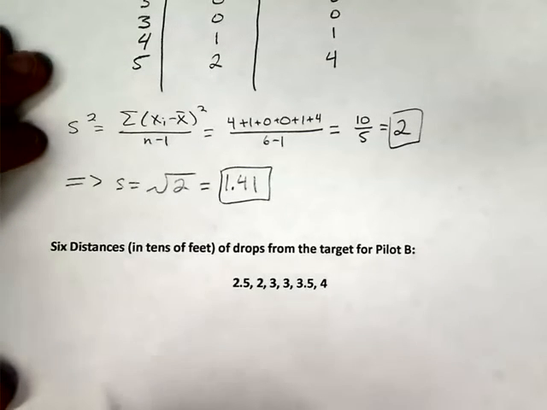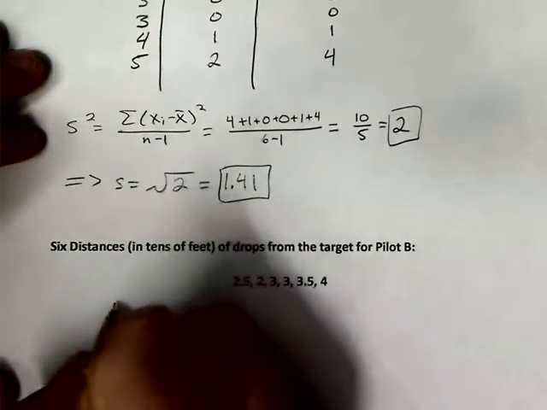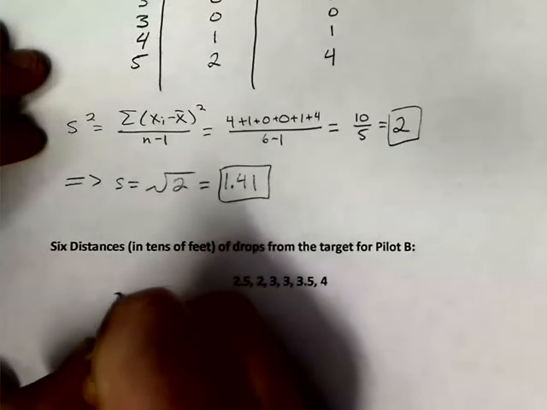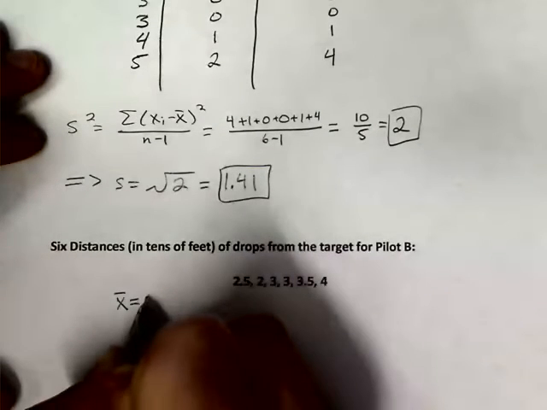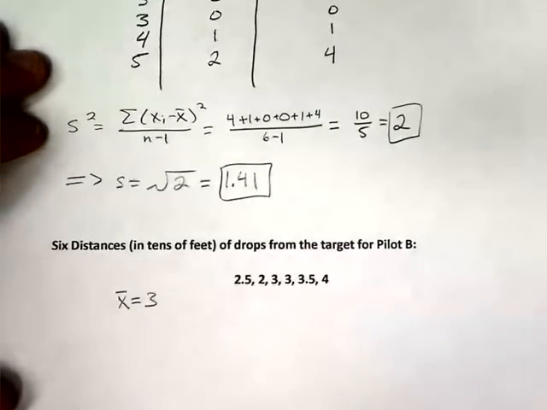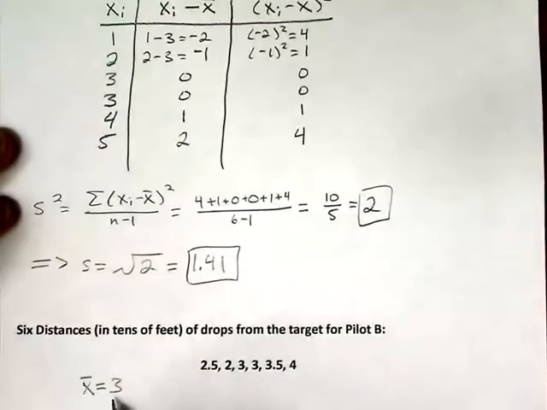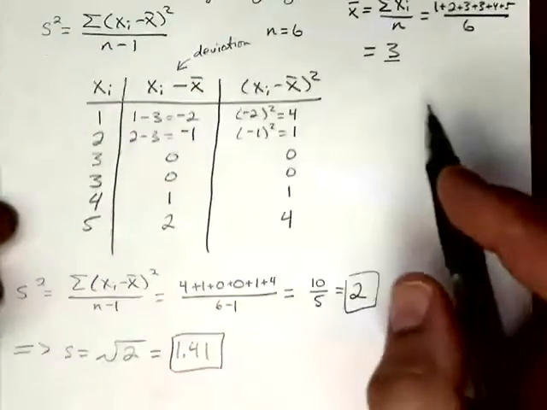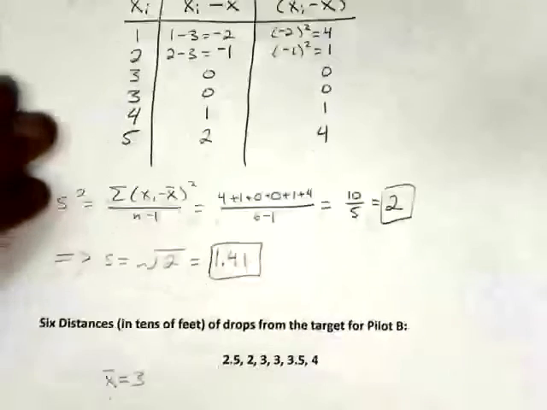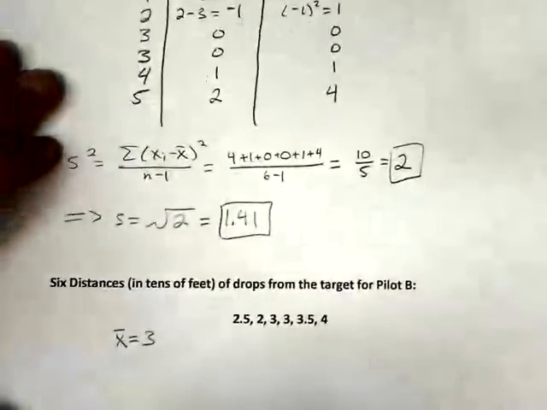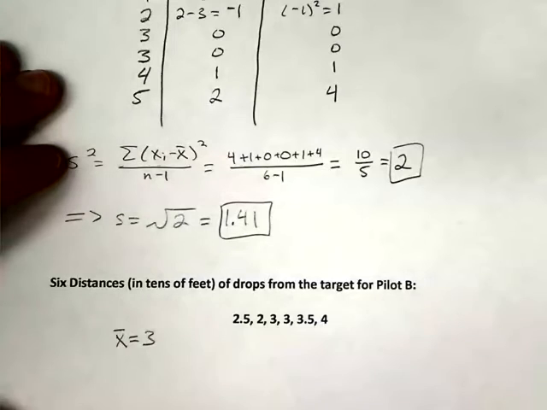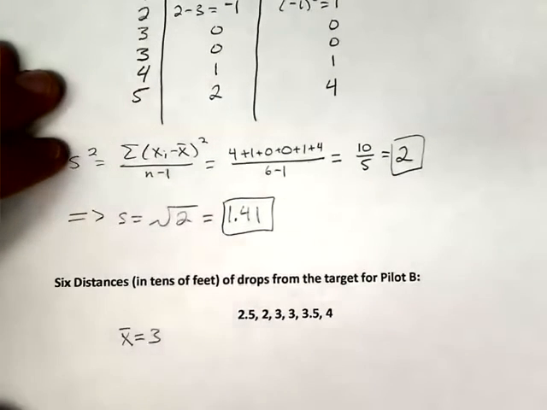I'm not going to go through the computation here, but it turns out that the mean for this data set is also 3. So you might be tempted to see, okay, x bar is 3 here, x bar is 3 here. On the average, their drops are of the same distance from the target, but the average does not tell the whole story. The standard deviation tells us a little bit more.